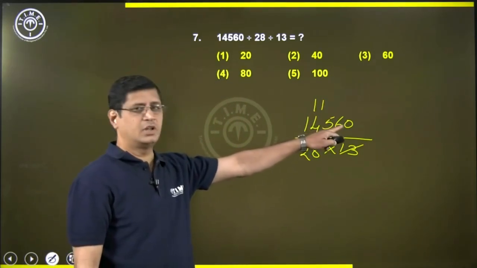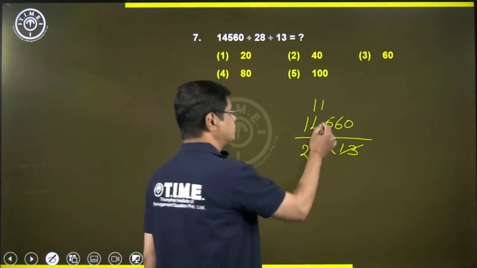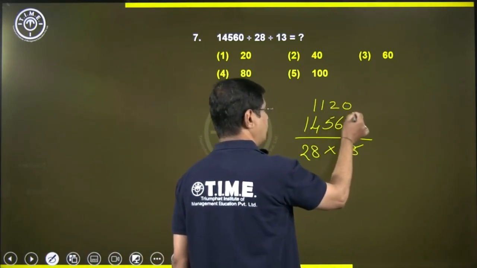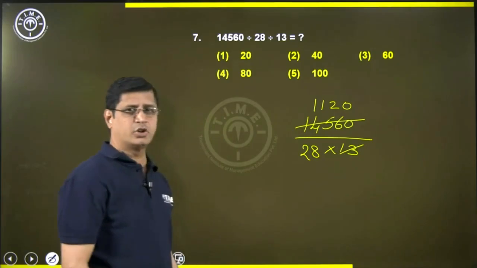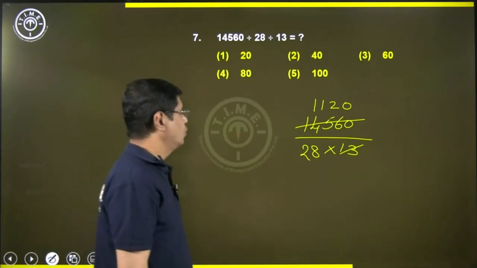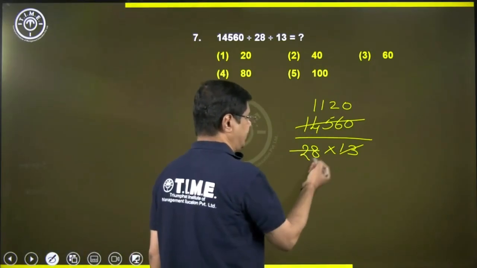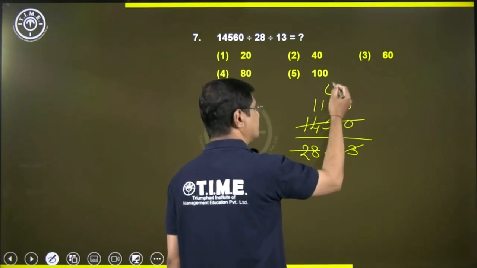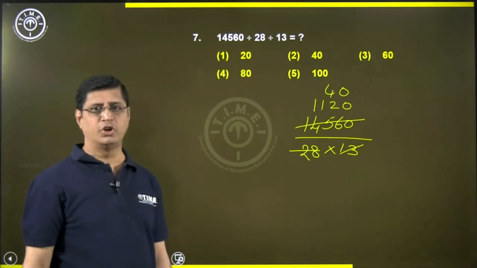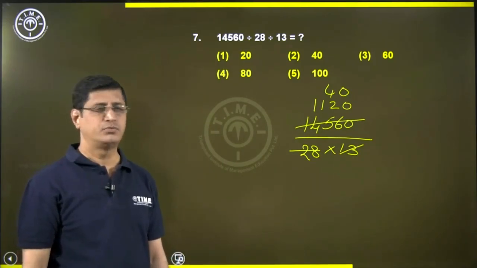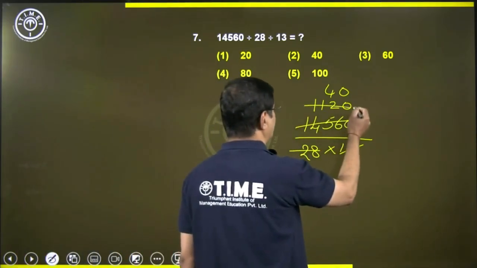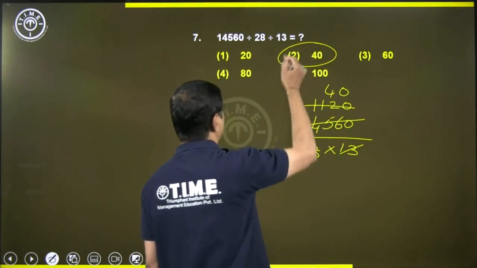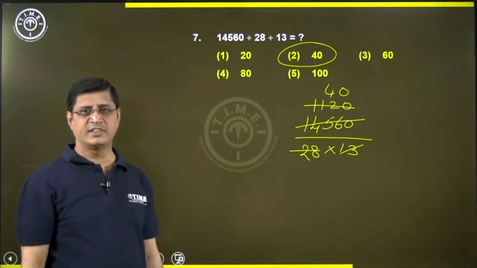Left with 2. Now the value is 260. 260 means 2 times and 0. 13 here it goes how many times? 1120. What about this 28? 28 into 4, that is 112. 0 is common, so the value is 40. So what is the answer choice? 2. Second option is the answer for this question.